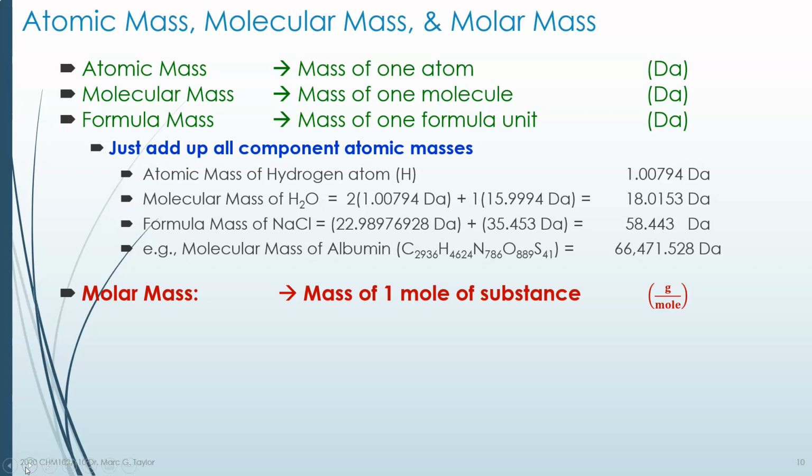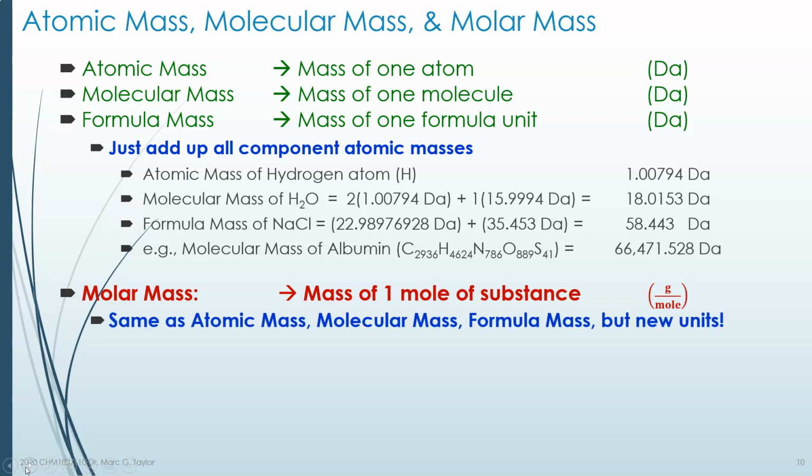So this will be a different unit for molar mass, but the value, the number, will be identical. If you look at all these molecular masses and formula unit masses, you will get the exact same value in terms of the number, but the unit will be different.